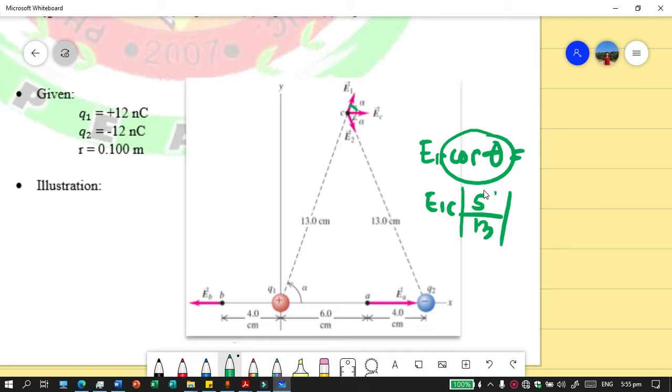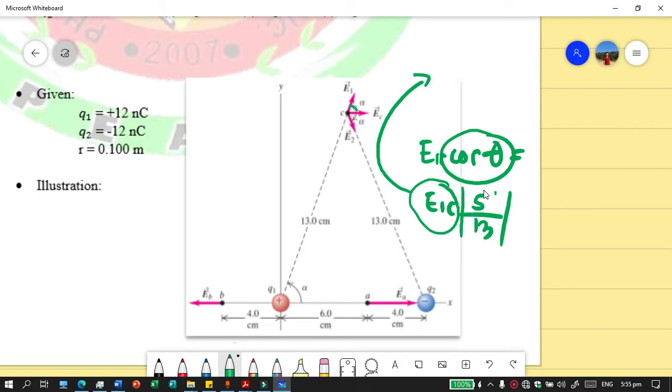Okay? And the other thing is, paano natin makukuha itong value na E1C? Ano kaya ang gagawin natin? Basically, we're going to apply the formula that we have for electric fields para makuha natin yung magnitude dito.